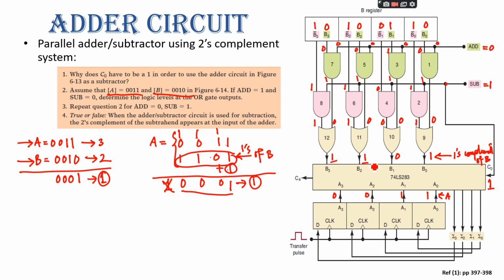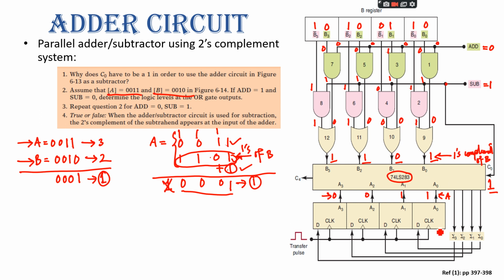So you are getting this number and you are providing 1 as carry, and this number comes as it is. So this adder will do the summation of these 3 numbers, right?